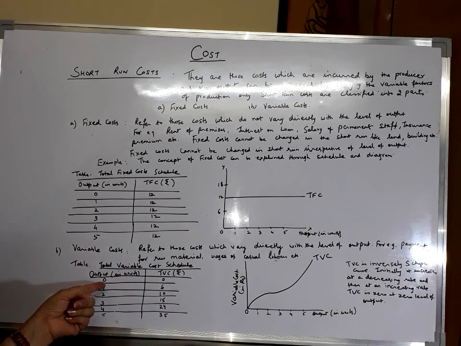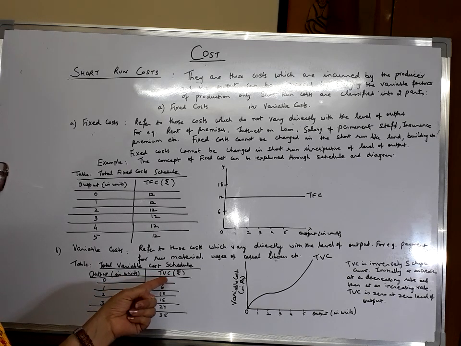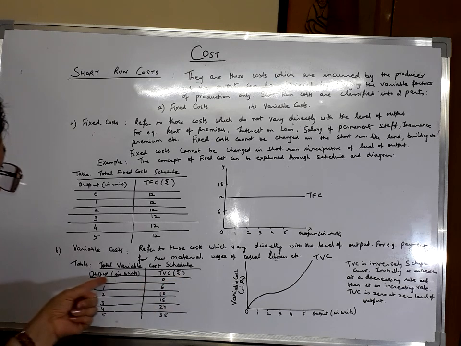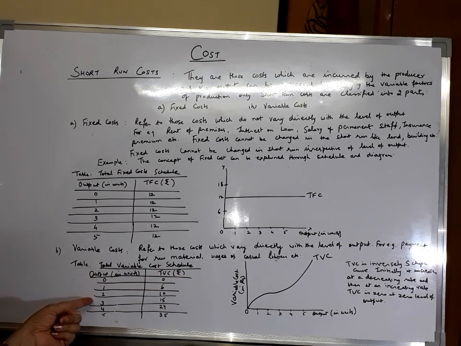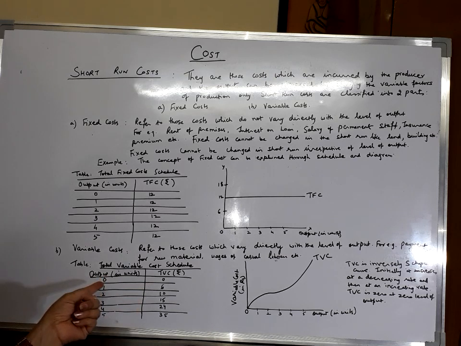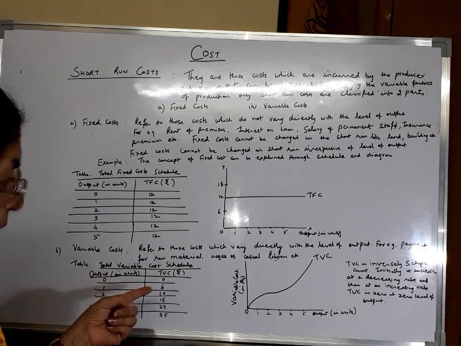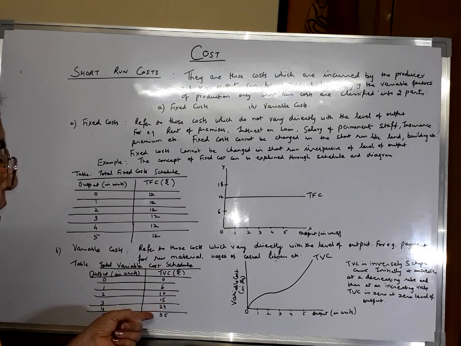On one side we have output, that is in units, and on the second part is TVC, which is given in rupees. So as output increases, as you are hiring more units of labor, your total variable cost will go on rising. Of course, at 0 unit of labor hired by you, total cost will be 0. As more laborers are being hired, total variable cost is rising.